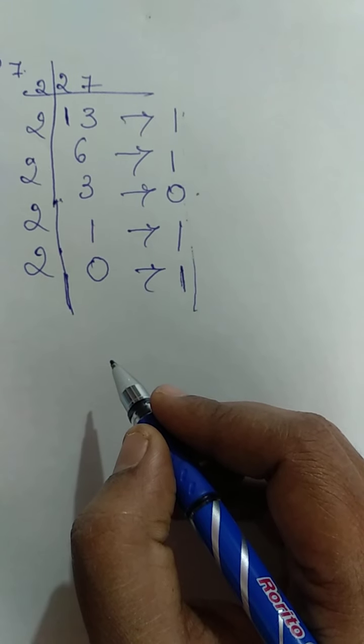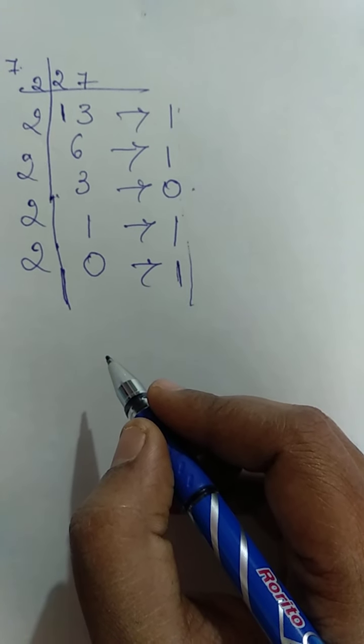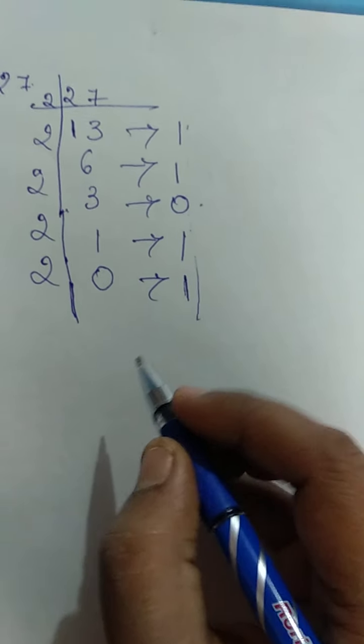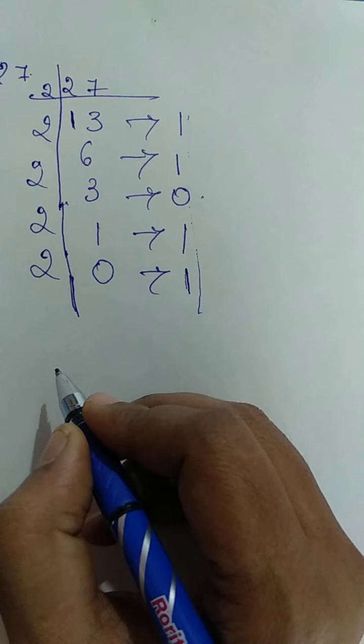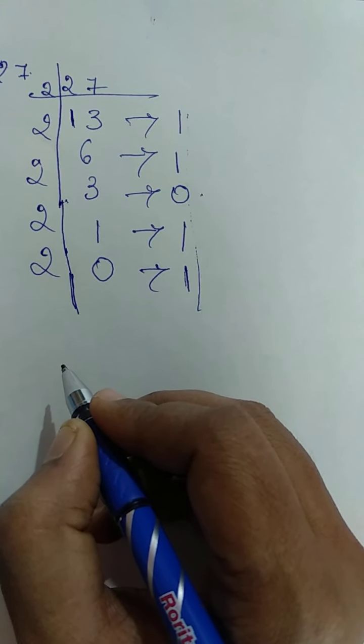As I said, we write the remainder values in reverse order. Correct? So what is the binary equivalent of 27?